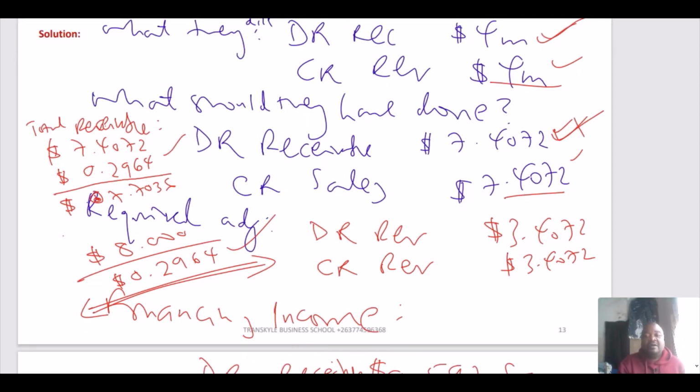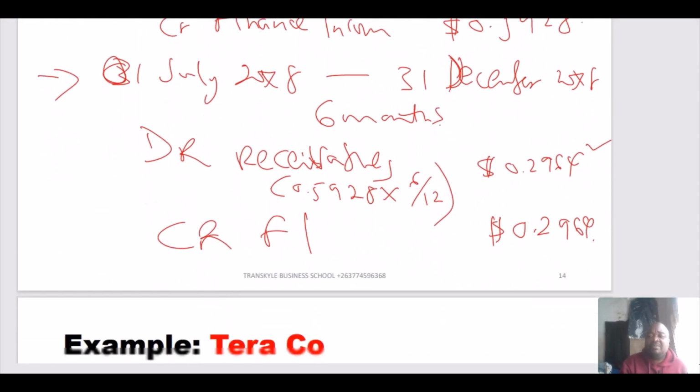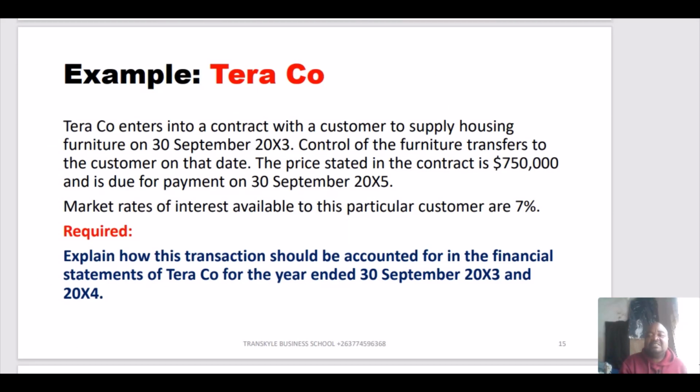Okay, well, I hope we are together. Let us try another example. Maybe with this example you might see the clear picture again. Terraco enters into a contract with the customer to supply housing furniture on 30 September 20x3. Control of the furniture transfers to the customer on that date.